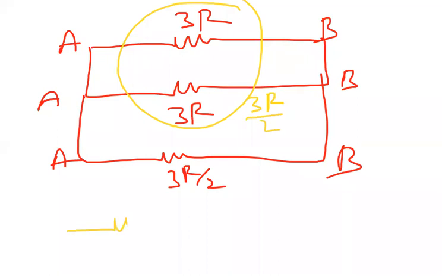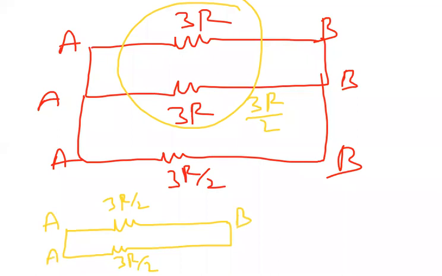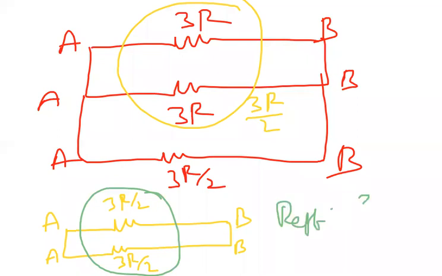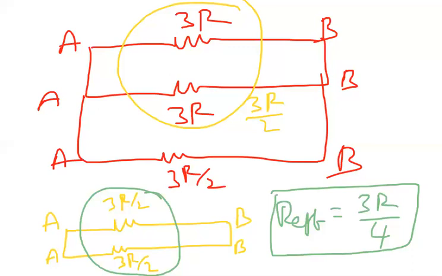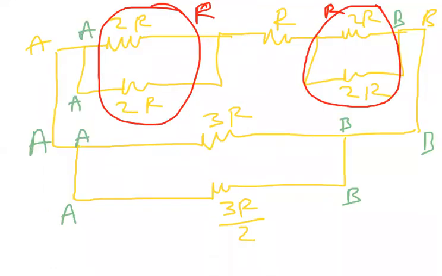Now you observe, 3R by 2, and another one is 3R by 2. So 3R by 2 and 3R by 2 are again parallel between the points A and B. These two are parallel means R effective is equal to 3R by 4. So this is my final answer for the given question.